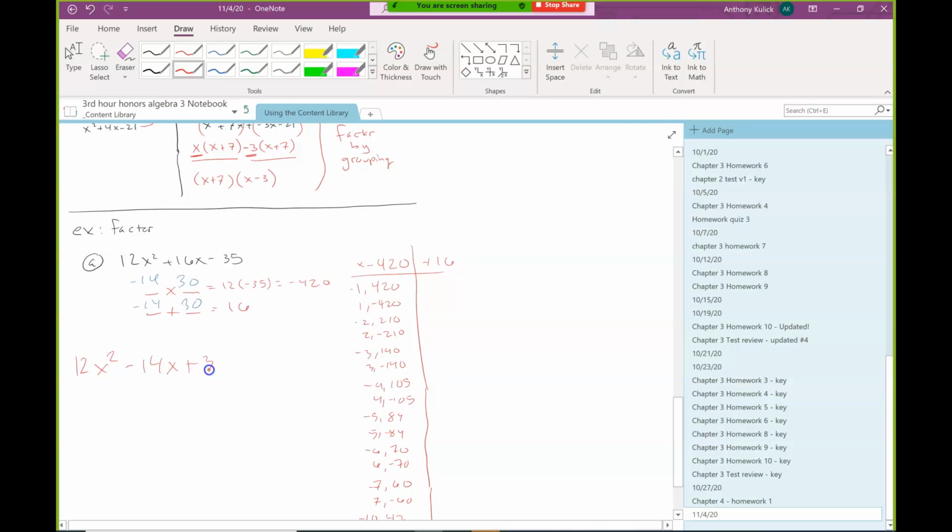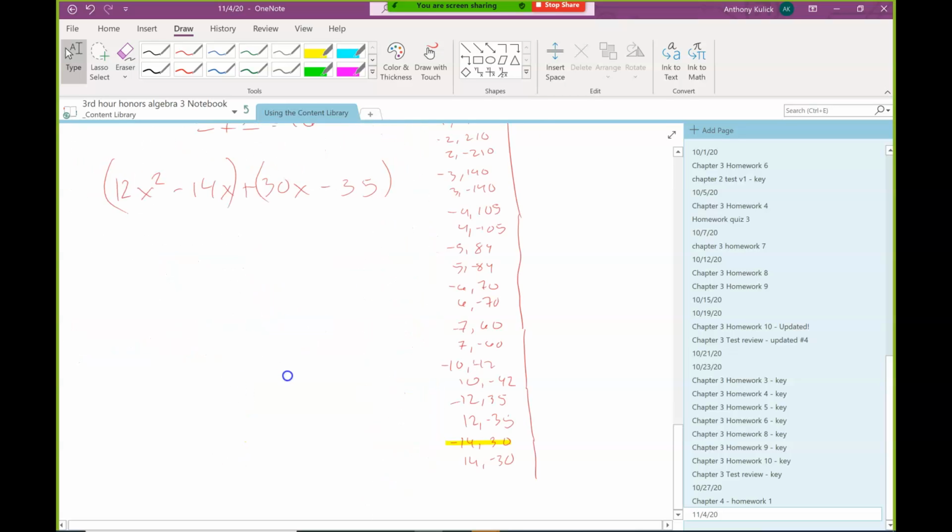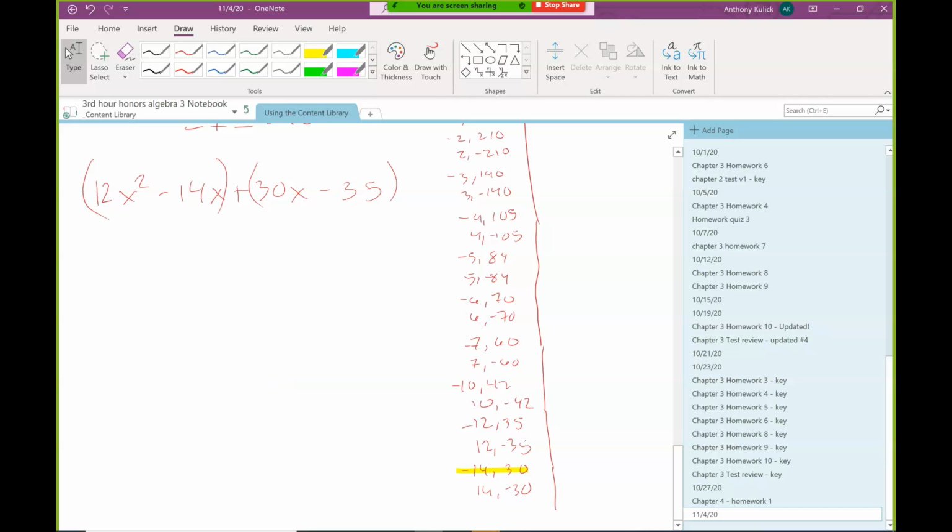Then we'll make our two groups. From the first group, the greatest common factor is 2x, leaving me with 6x minus 7. From the second group, the greatest common factor is 5, leaving me again with 6x minus 7.